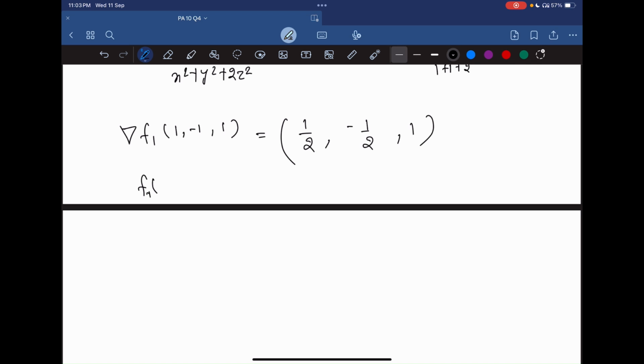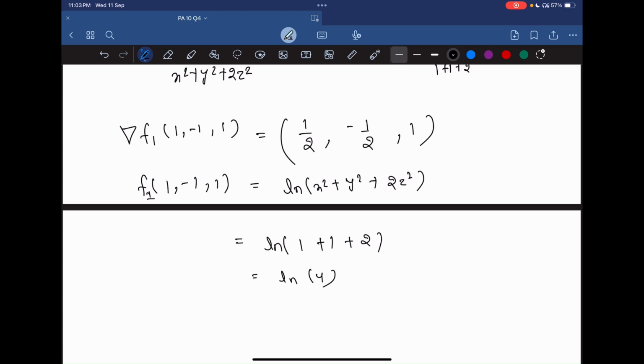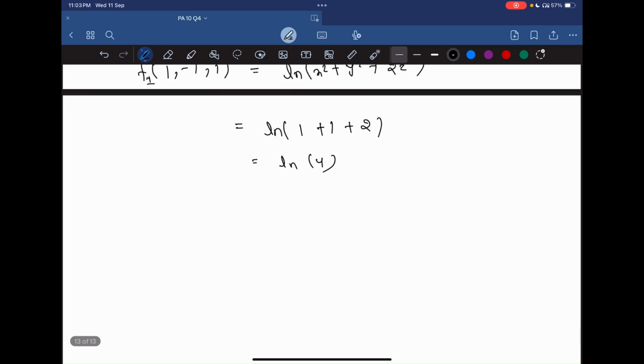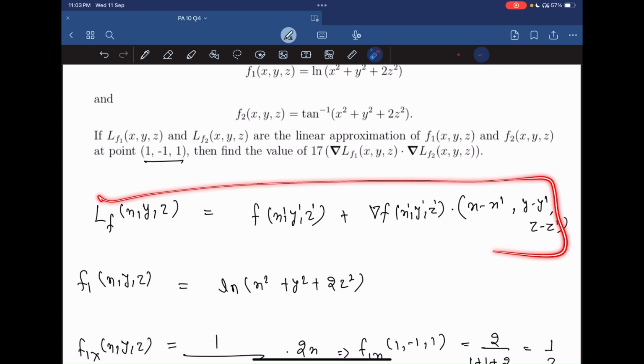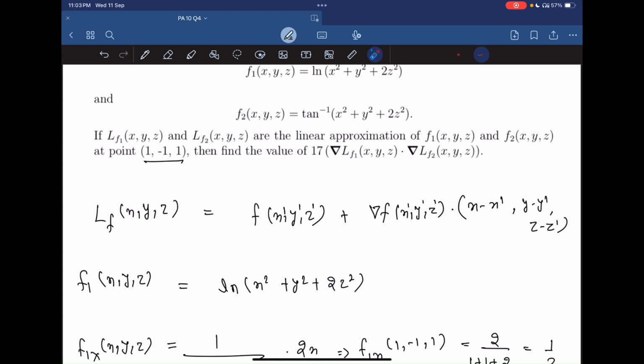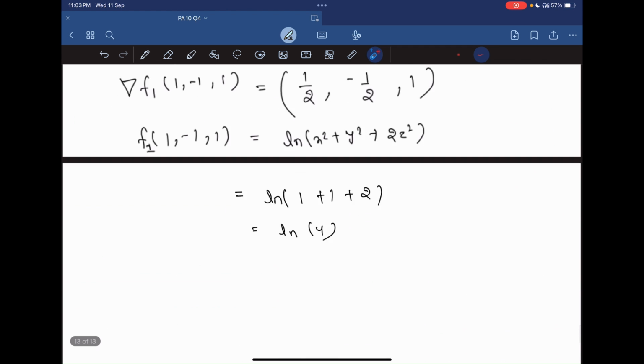Now if we calculate the function value at the point 1 minus 1 1, that is ln of x square plus y square plus 2z square, that is ln of 1 plus 1 plus 2, that is ln 4. Okay, now we can put all these things in the above formula to calculate the linear approximation.